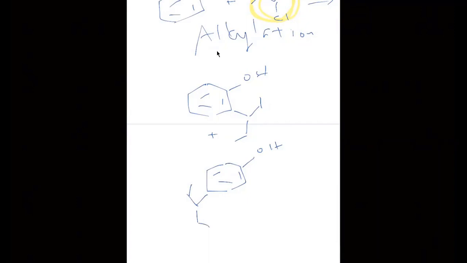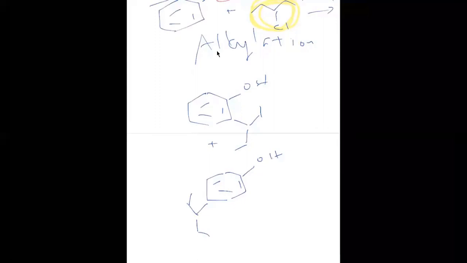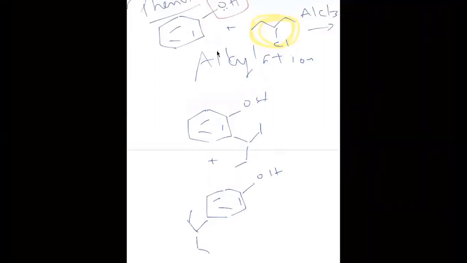Because it's adding at this carbon right here. So that's the same carbon here and here. And this is ortho, and this is para. Anybody not see that?